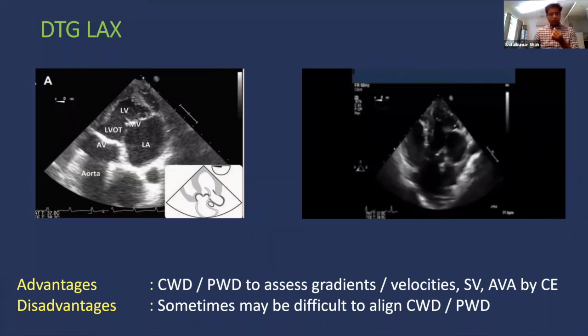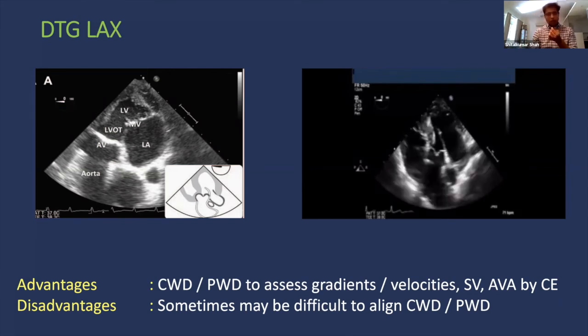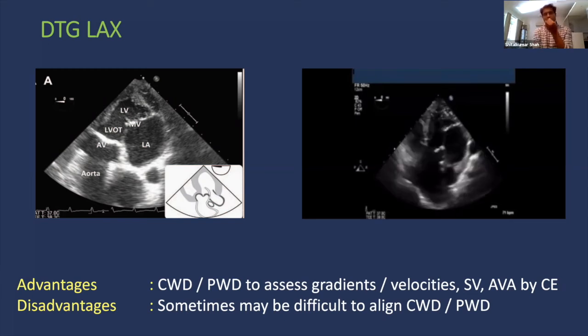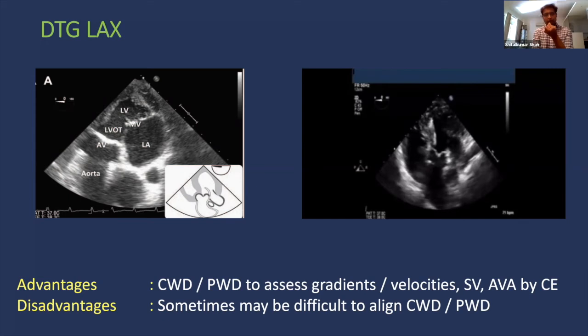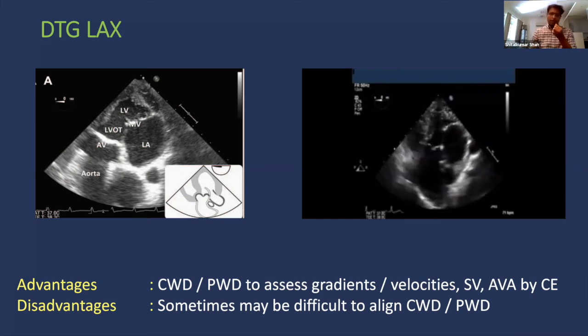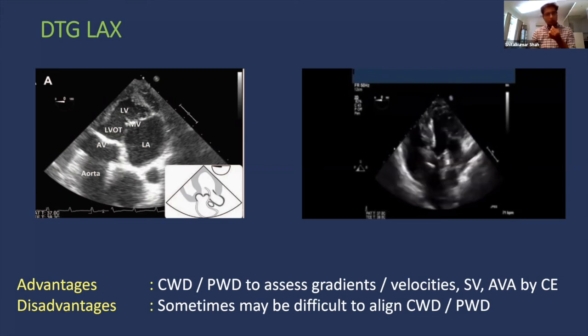The advantage here is good alignment for continuous wave and pulse wave Doppler to assess gradients and velocities, and then estimate stroke volume and aortic valve area by the continuity equation. The difficulty is that it needs more practice to get this view with ease and alignment of the Doppler beam.